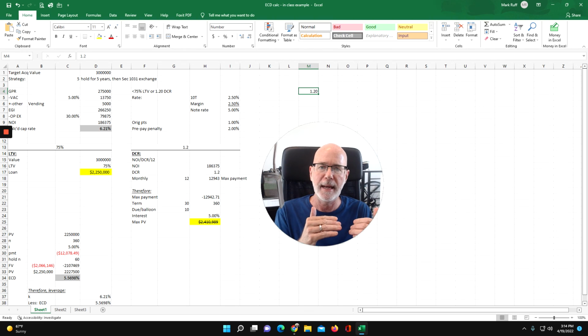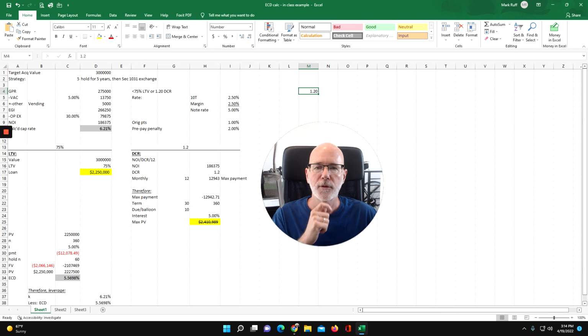That must remain in reserve. That's basically what a debt coverage ratio is trying to do. The DCR is saying we need to take your net operating income and divide it by 1.2, then take that result and divide it by 12 in order to get to the maximum allowable monthly payment.